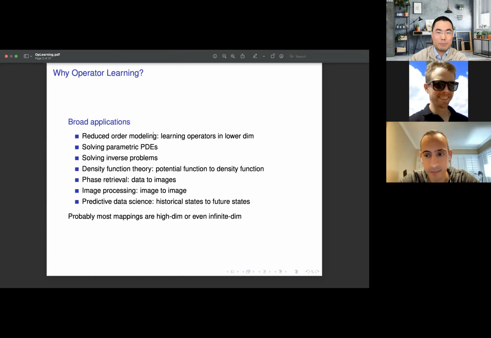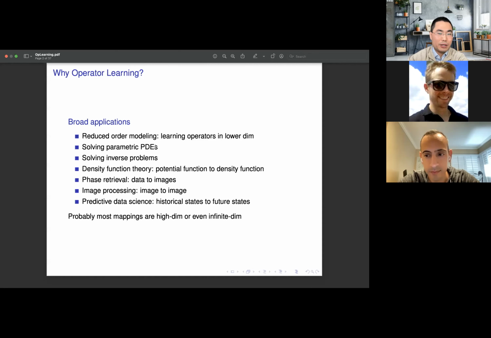So we want to build a low-dimensional system such that we can essentially solve the low-dimensional one to get information about the high-dimensional one. So if we want to build some low-dimensional system, then we want to learn the operators to build that system. In solving some parametric PDE, for another example, we have an operator mapping from the parameters of the PDE to the solution of the PDE.